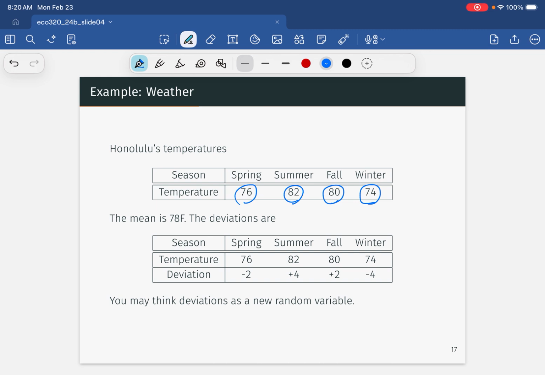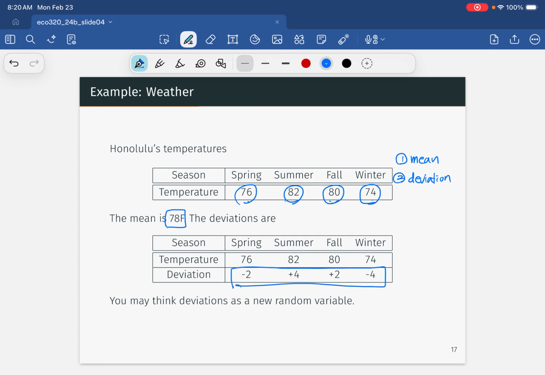First you calculate the mean, and then you calculate the deviation. The mean is easy to calculate: the average of these four numbers is 78 degrees.